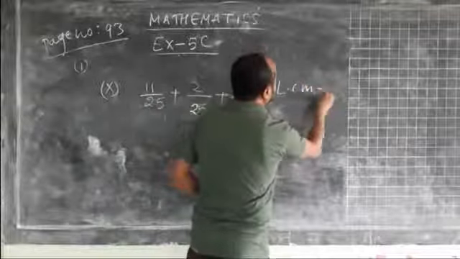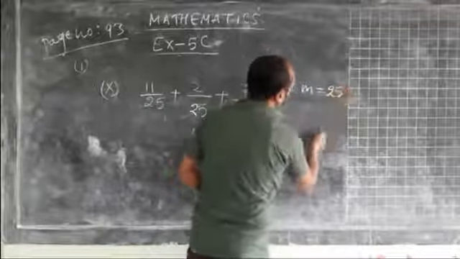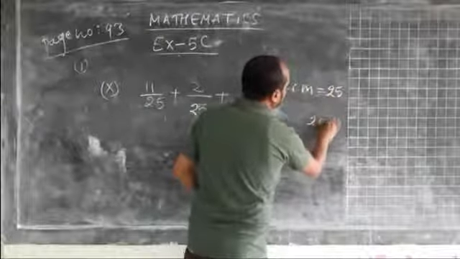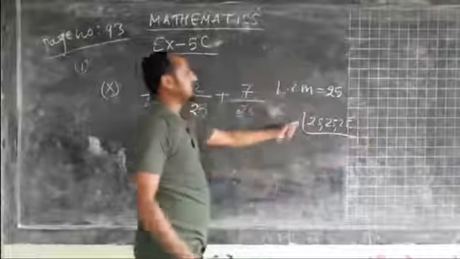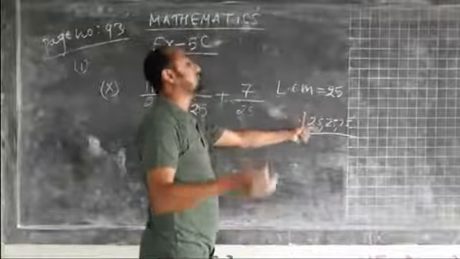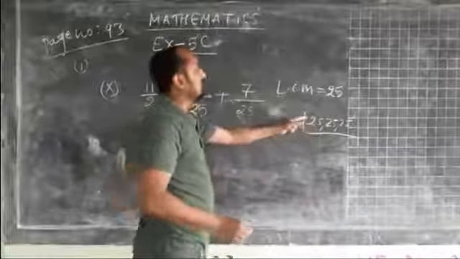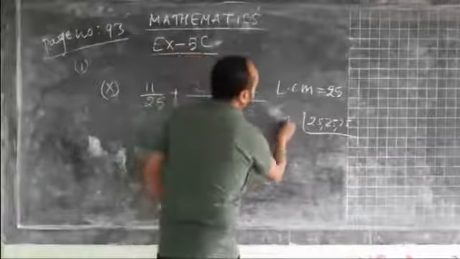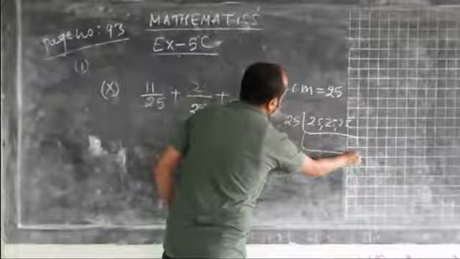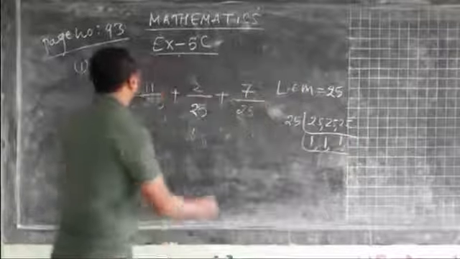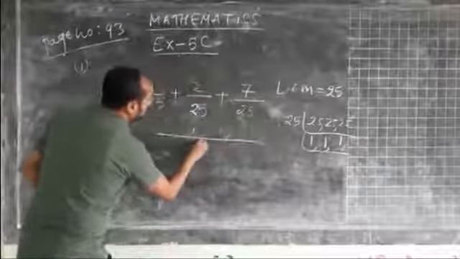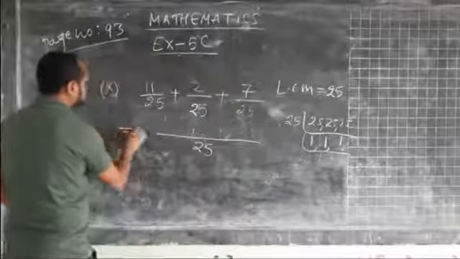So the LCM will be how much? 25. Because if you take the LCM of 25, 25, 25, you can divide it by 5 also, or directly by 25, because all the numbers are the same. So here I am doing directly by 25. 25 ones are 25, 25 ones are 25, 25 ones are 25. So here the LCM will be 25.